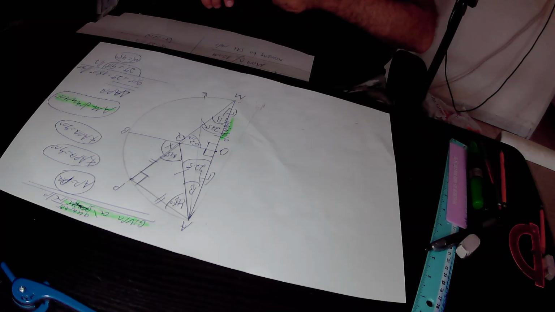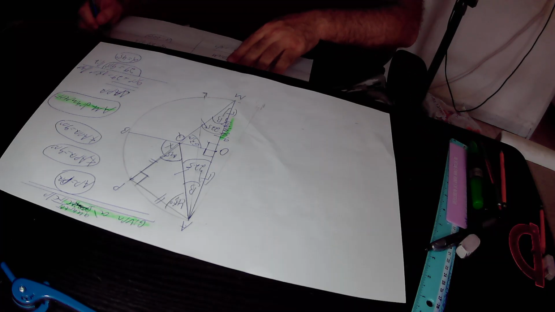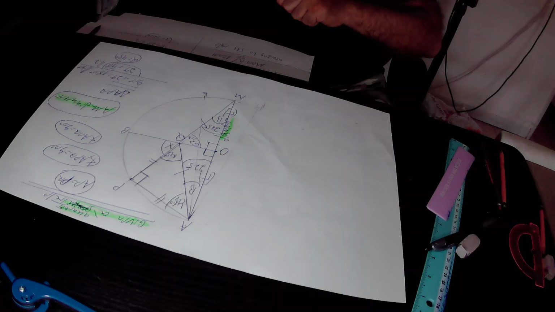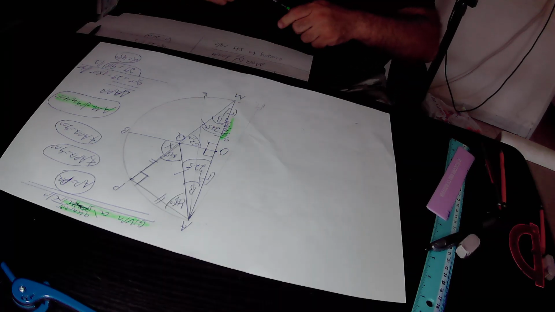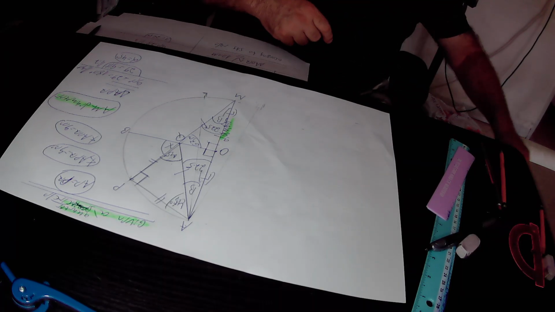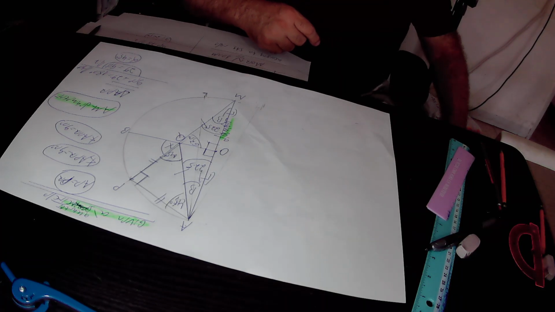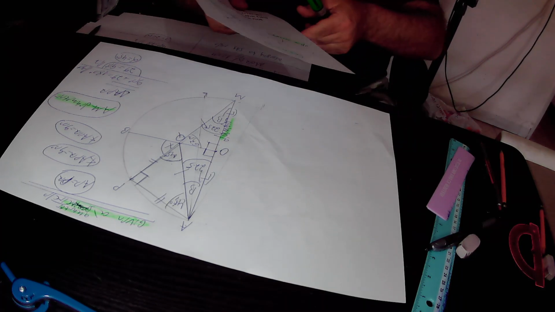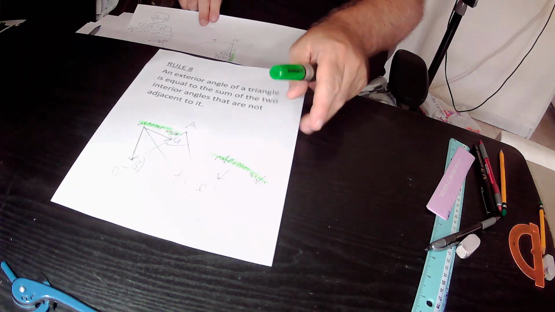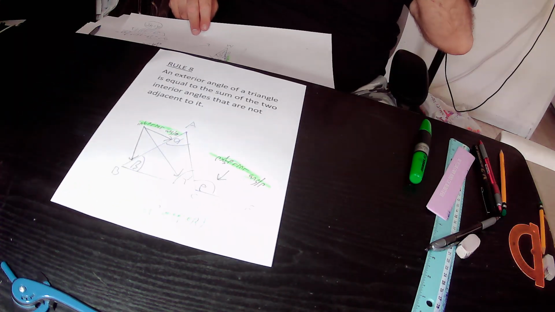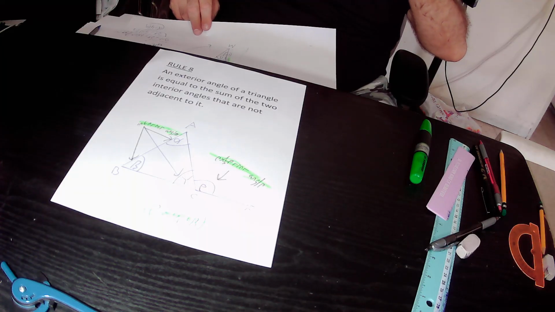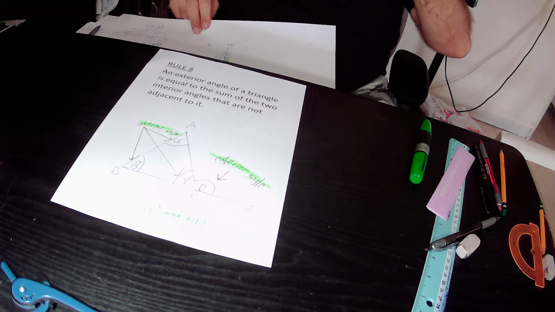So, a bit quickly on rule 8. According to rule 8, an external angle of a triangle is equal to the sum of the two angles that are not adjacent to it.